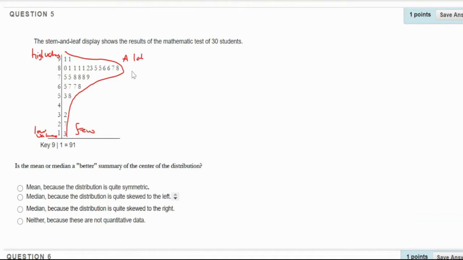So the long tail is on which side? Could someone help me with this? If you have to draw it, where do you think the low values will be here and then the high values will be here? So this is something more like this. You see it? Yeah.